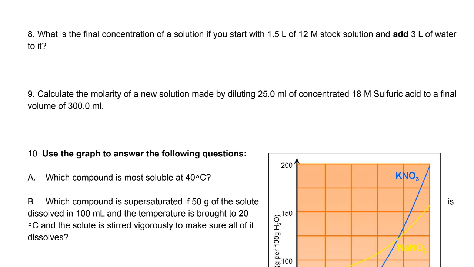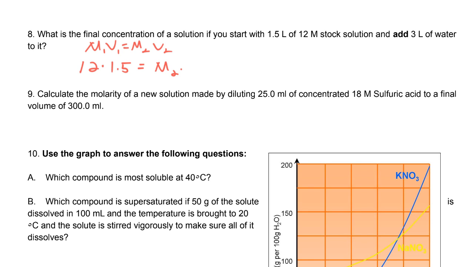All right, number 8. Final concentration of a solution if you start with 1.5 liters of 12 molar stock solution. So I can fill that into M1V1 equals M2V2 right away. I have the stock solution is a molarity of 12, and I have 1.5 liters. Now I'm trying to find the final concentration, so I don't know M2, but I add 3 liters of water.